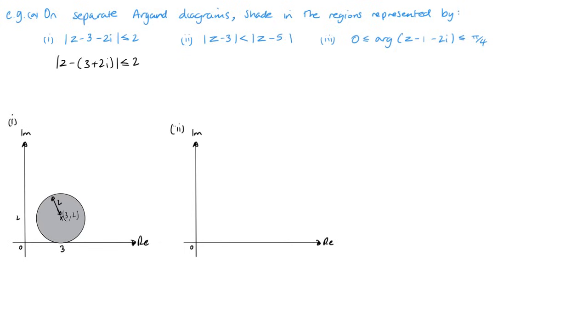Now we move on to the second one. So z minus 3 less than z minus 5. Now, if you think of this being equals, this is going to be the perpendicular bisector of these.